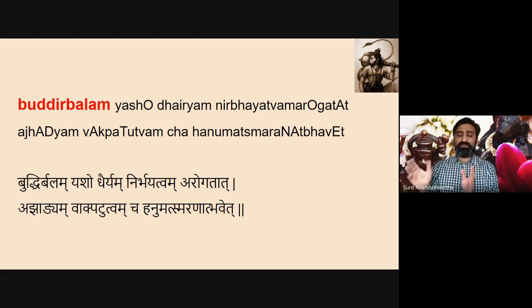If I want to break it down a bit further, tvam aroga. Let's look at only these two. Tvam and aroga, join them up, becomes twamaroga. Instead of tvam aroga, it becomes twamaroga.